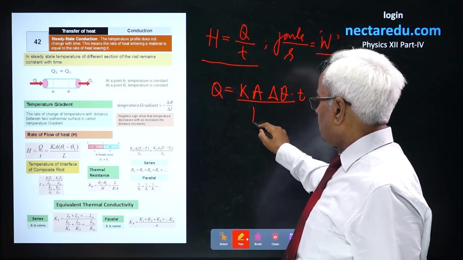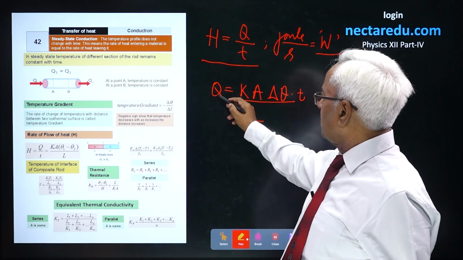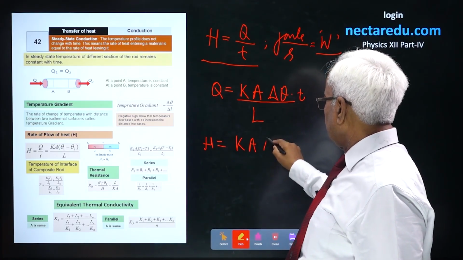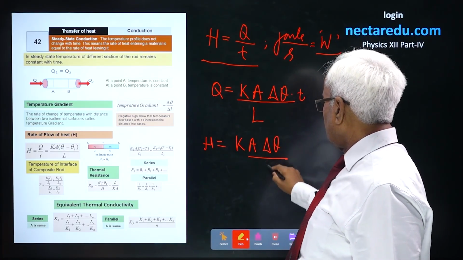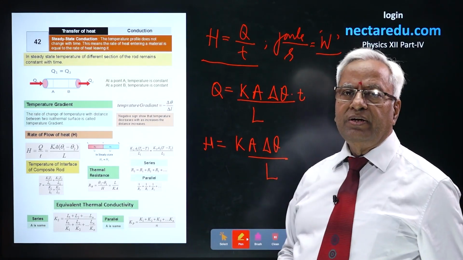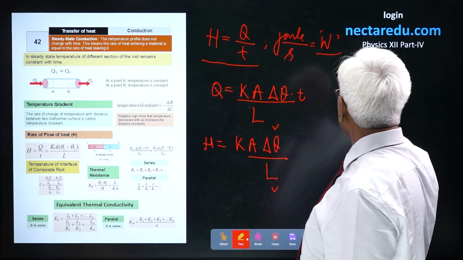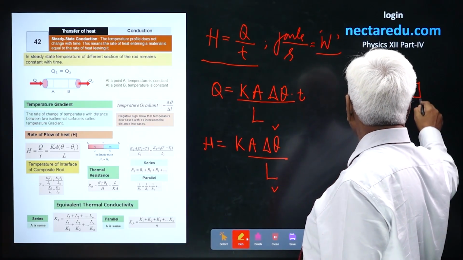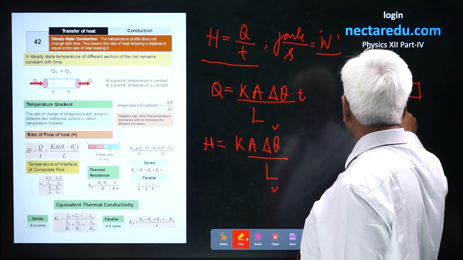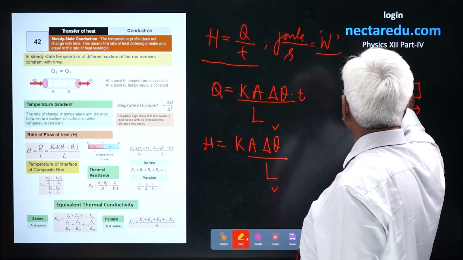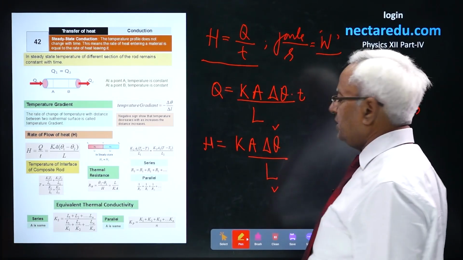T upon L. Q by T you could say H. So you get the relation H equal to K A delta theta upon L. It is the temperature difference and it is the distance. Suppose this is the part of conductor and this is distance delta L. Temperature difference between the two ends is delta theta.